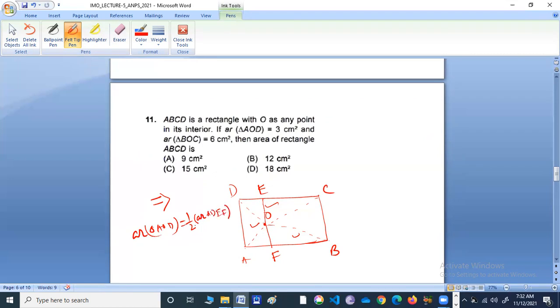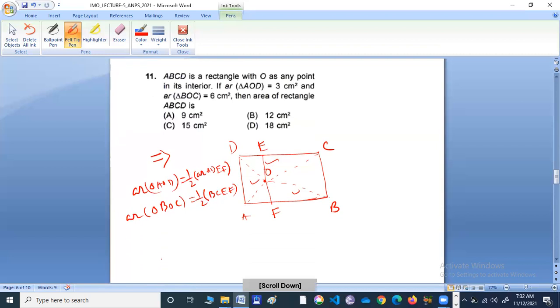Okay, good. And similarly for BOC also, area of triangle BOC will be half the area of BCEF. This is known, 3 and 6. Now it is very easy.